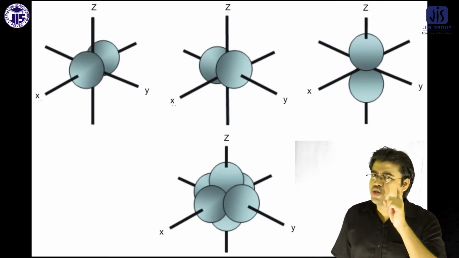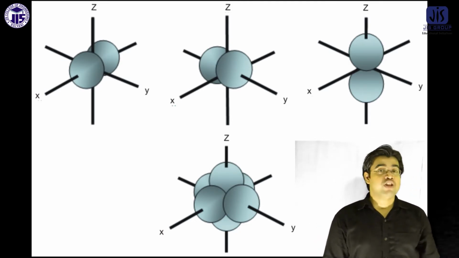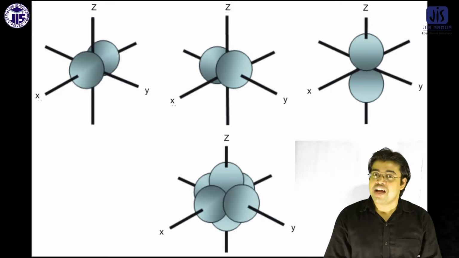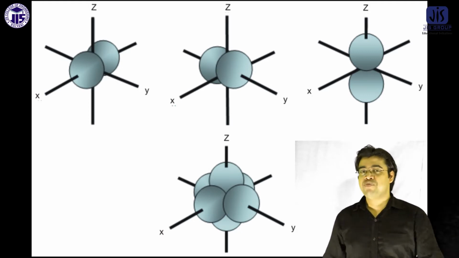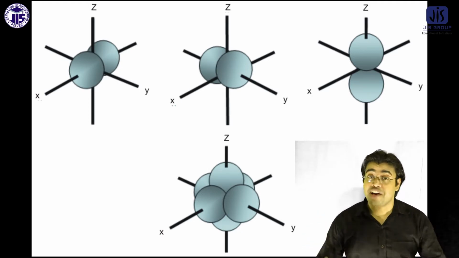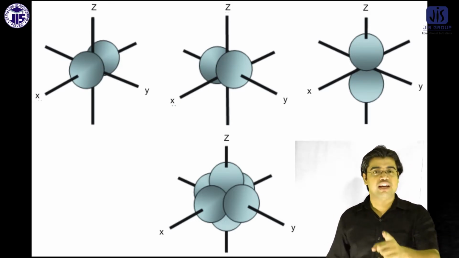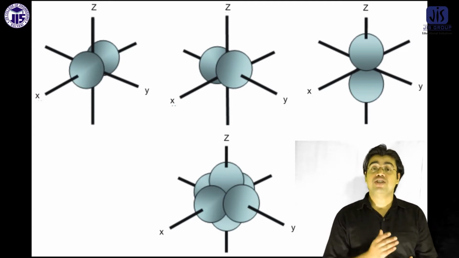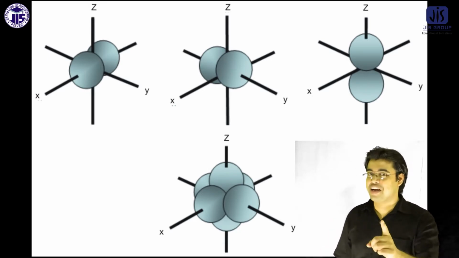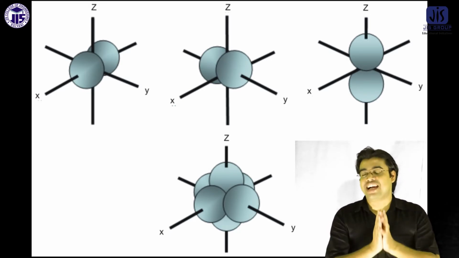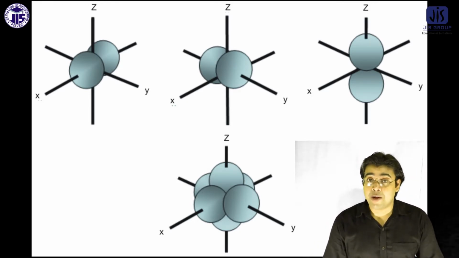Now if you consider the p subshell, there are three orbitals: first px, second py, and third pz. What are the differences between px, py, and pz? If you look carefully, the px orbital is along the x axis, the py orbital is along the y axis, and the pz orbital is along the z axis.